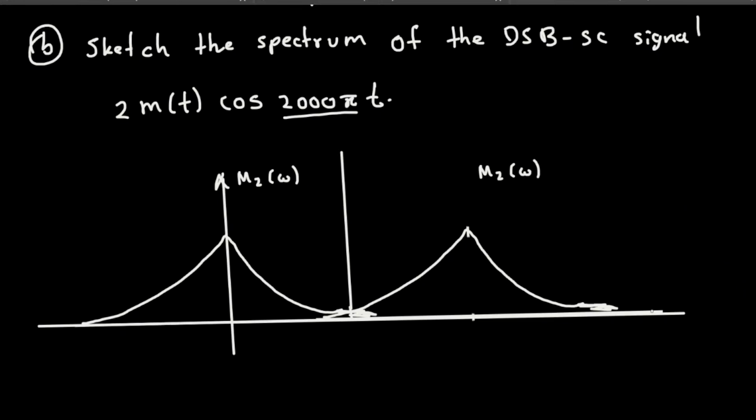And we just have to know that this will be centered at 2000 pi, and this one will be centered at minus 2000 pi. Okay, and this one's not necessary.